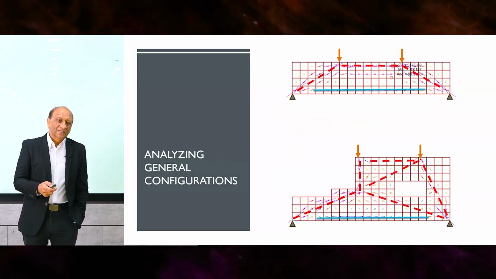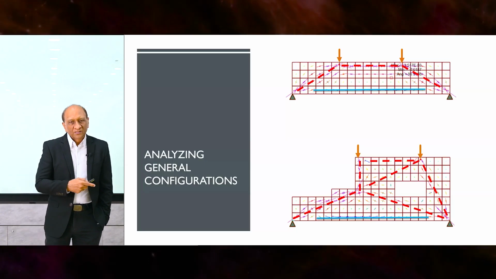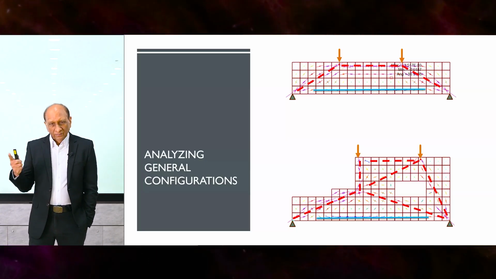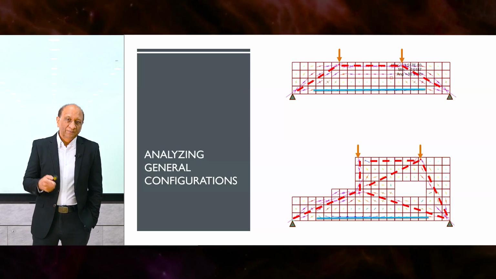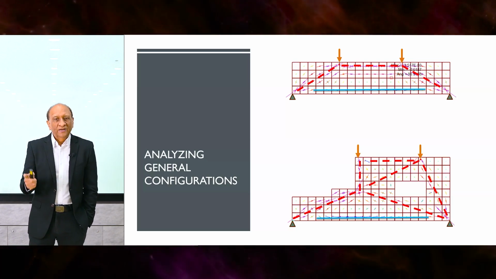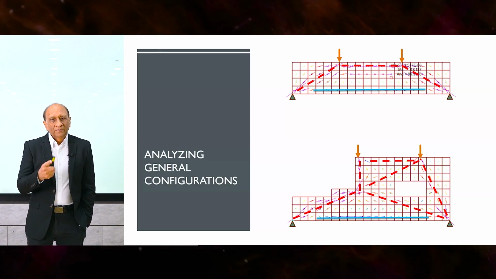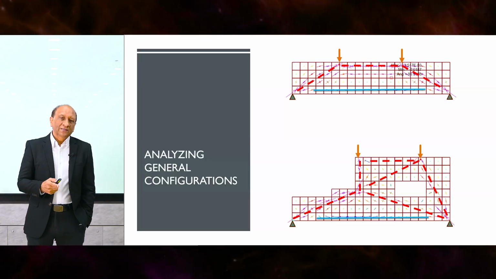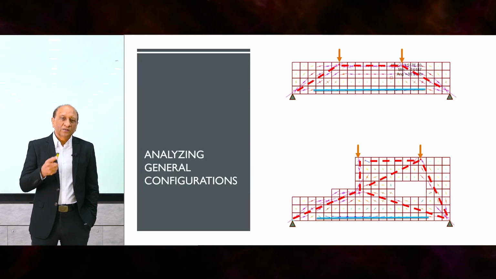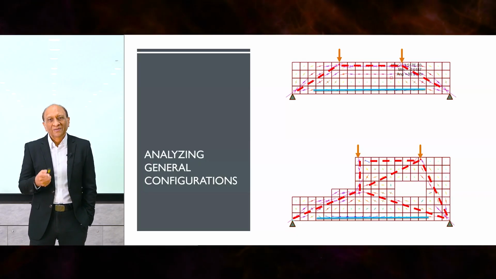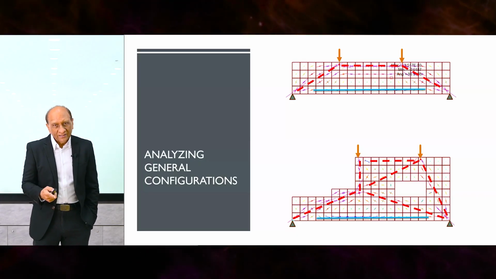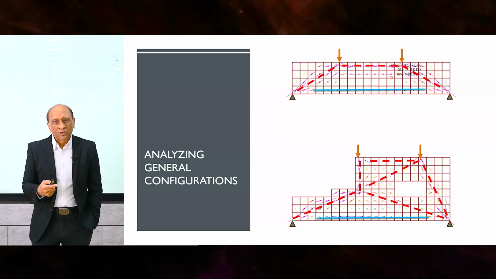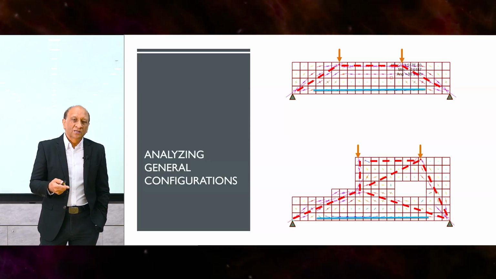So basically what I'm saying is that we can follow the stress trajectories to find the direction of the force flow. So that's the internal force flow. And that is the most efficient way to design the section, because that's where the structure wants to go. Elastic stresses are indicating the intent of the structure to resist the external forces.